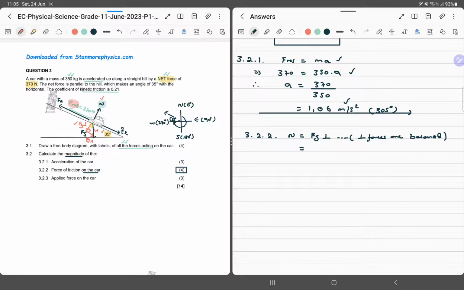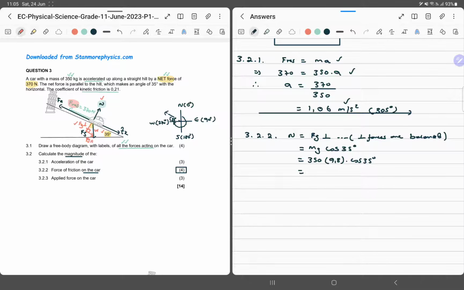So this is cos of 35. So basically this tells us that mg cos 35 degrees represents our Fg perpendicular. This basically says we've got 350 times 9.8 times cos of 35 degrees.